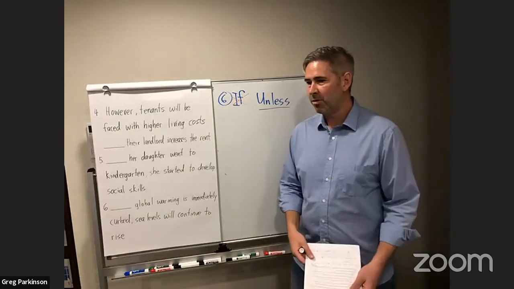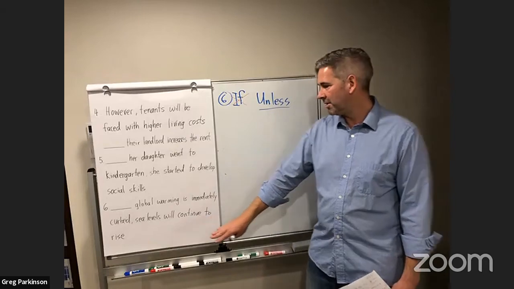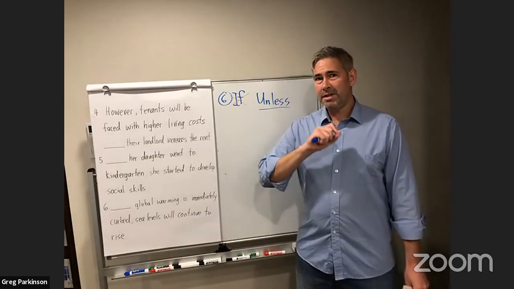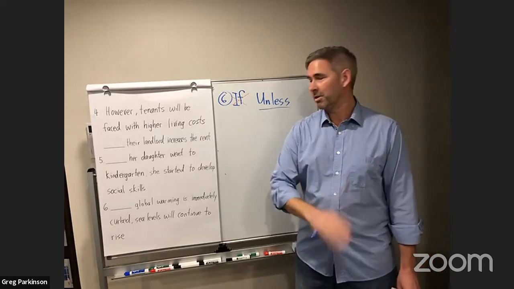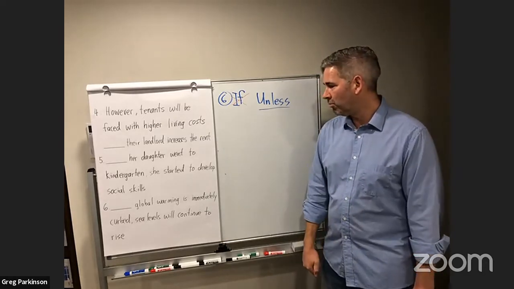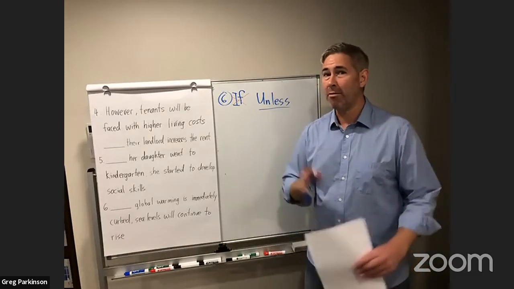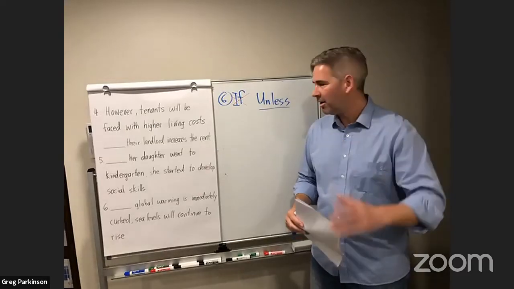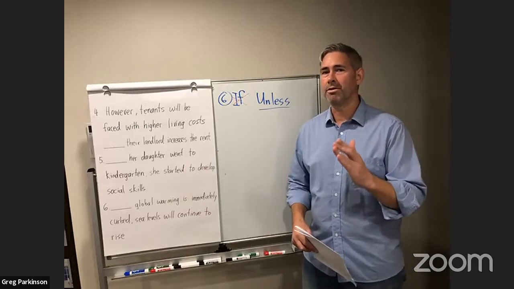Somebody is suggesting although. This is not a contrast, right? So, and in that case, if you were to say although, I would probably use present perfect. Although global warming has been curbed, right? That might be the contrast. So that's good, you're on the right track. But I think if I were to use although, I would use present perfect.